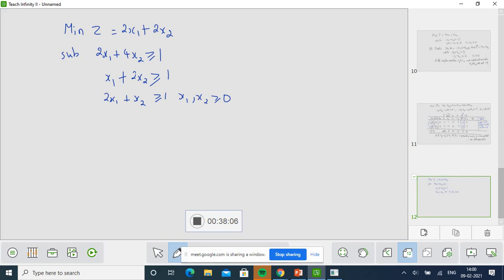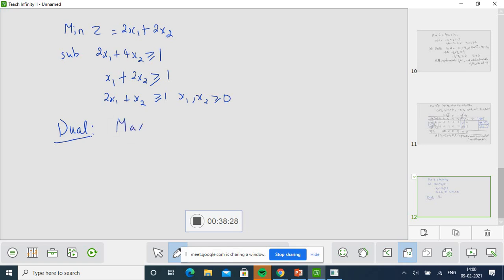Now I have to write the dual for this problem. So how to write my dual? Now how many constraints will be there in the dual? Only two? Yes, there will be only two. So what will be your dual problem?